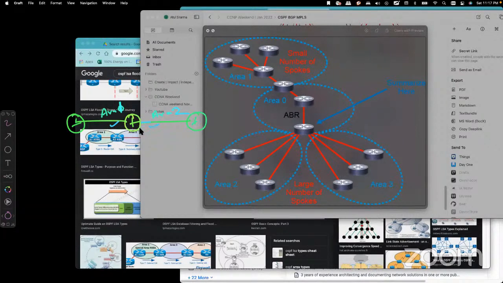Now you want this router to ping this router. What will you do? We will create a loopback and put it in area 0. Yes, if you create a loopback here and put it in area 0, this automatically becomes an ABR, and your area 0 and area 1 routes will flow to area 2. And both are reachable to each other. Clear? Yes.